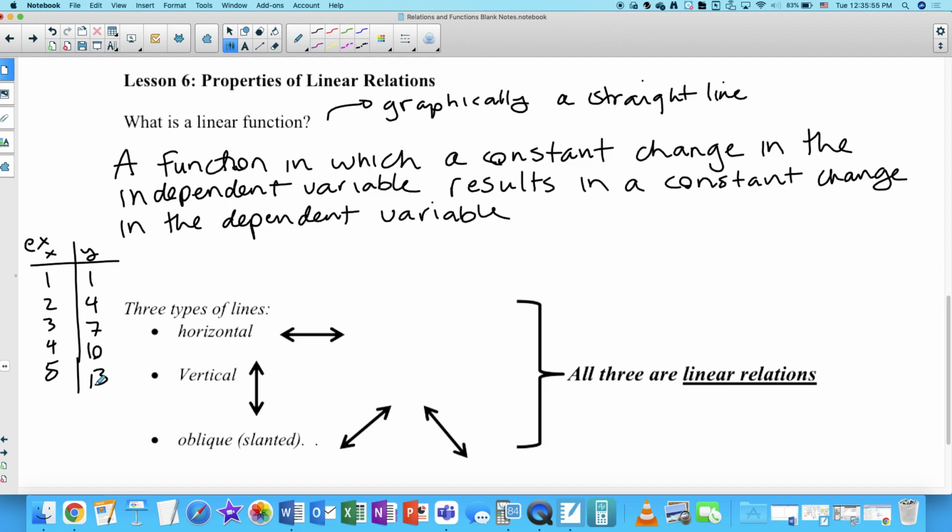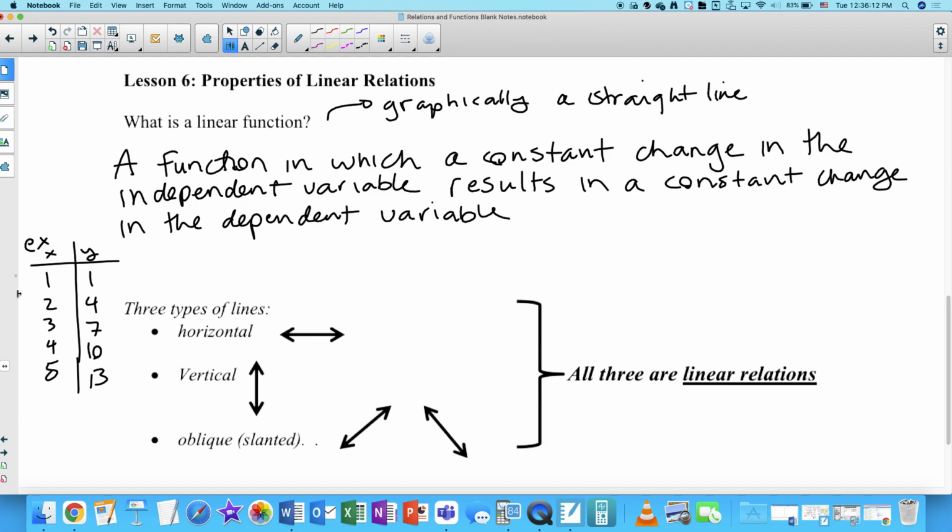Yes, because there is a constant change in x. The constant change in x is that x is increasing by 1. That results in a constant change in y. Y is increasing by 3. Okay?